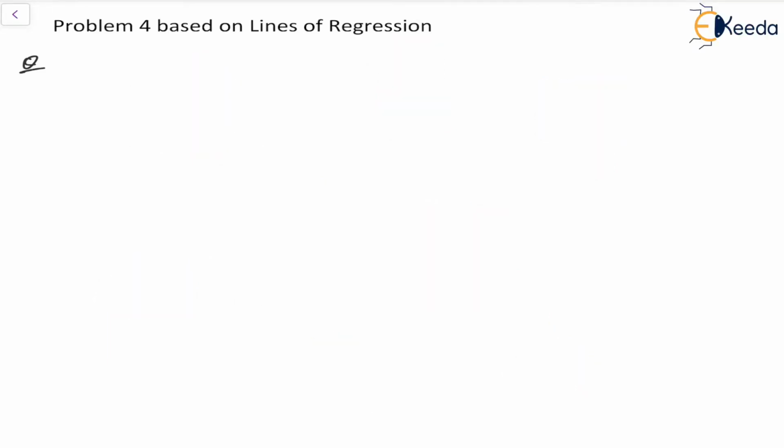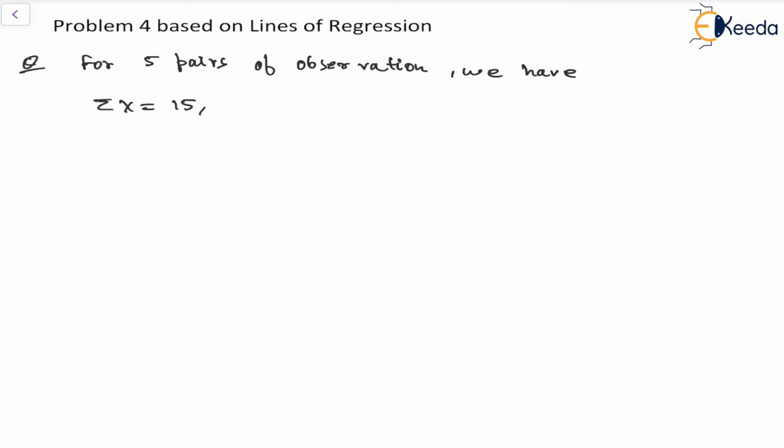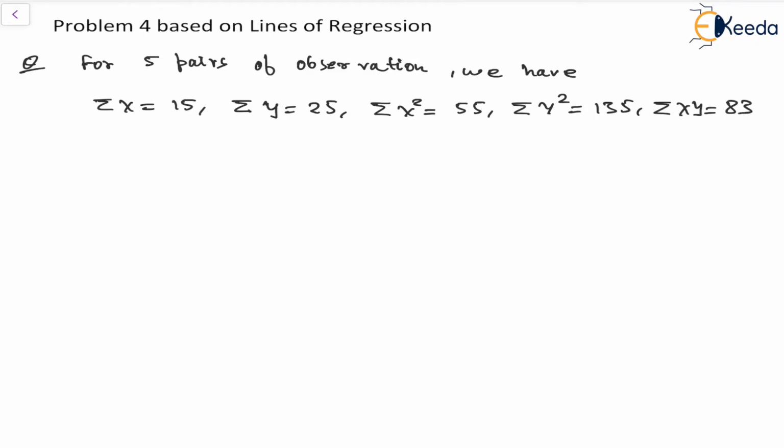So the question is as such: for 5 pairs of observations we have summation of x equal to 15, summation of y equal to 25, summation of x square equal to 55, summation of y square equal to 135, and summation of xy equal to 83.